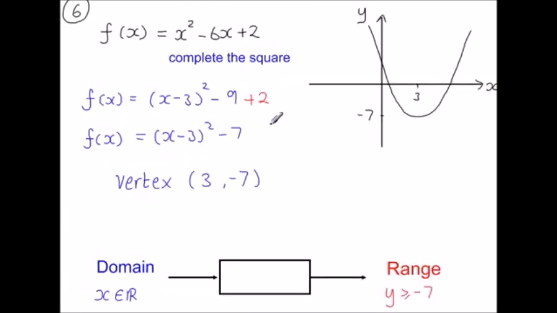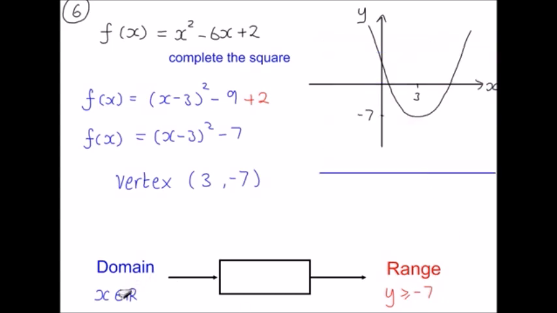Going back to example 6, this is a function, but it's not a one-to-one function because it fails the horizontal line test. There are multiple points of intersection here. But what we can do is restrict the domain.